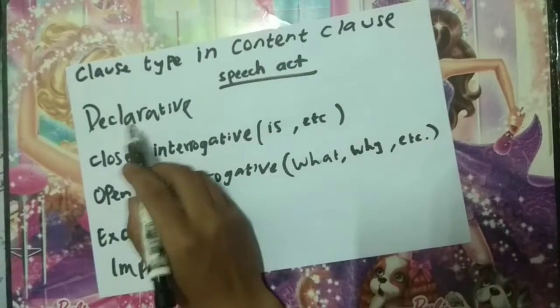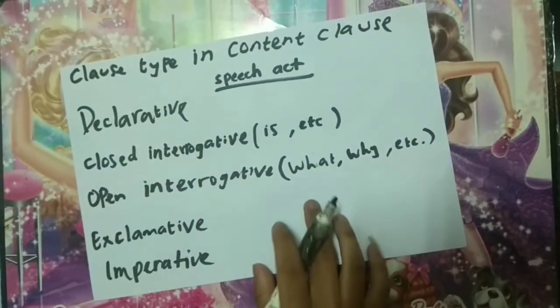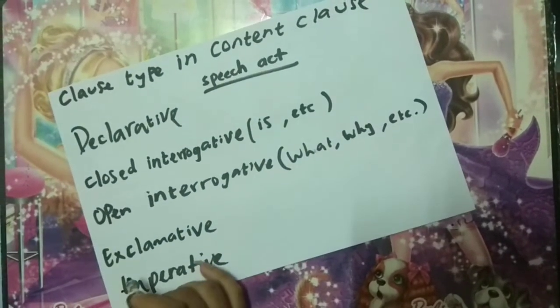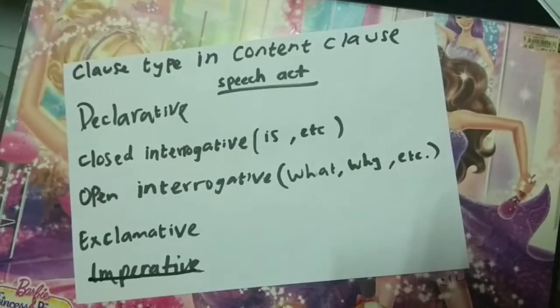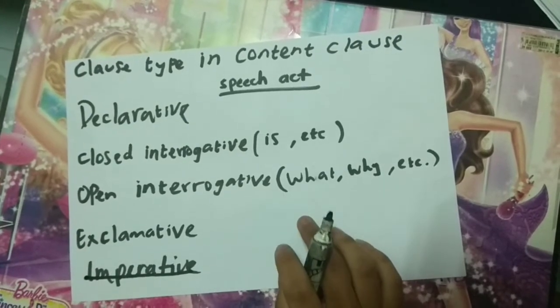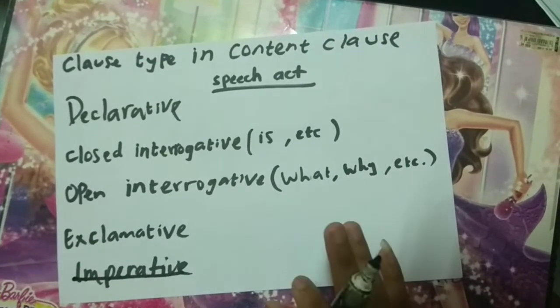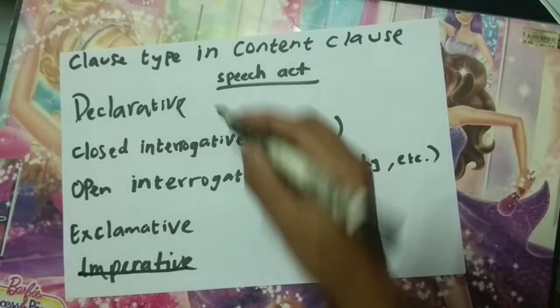But in clause type in content clause, except imperative, are normally restricted to main clause. In example 3, we illustrate main clause and content clause of the other 4 types.